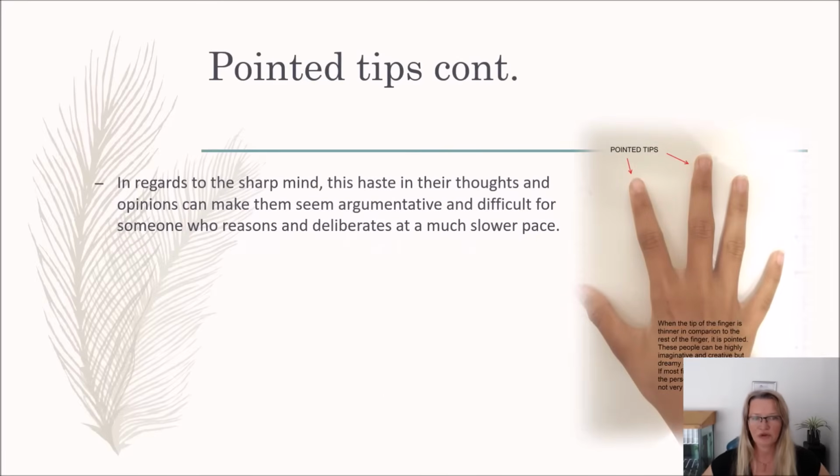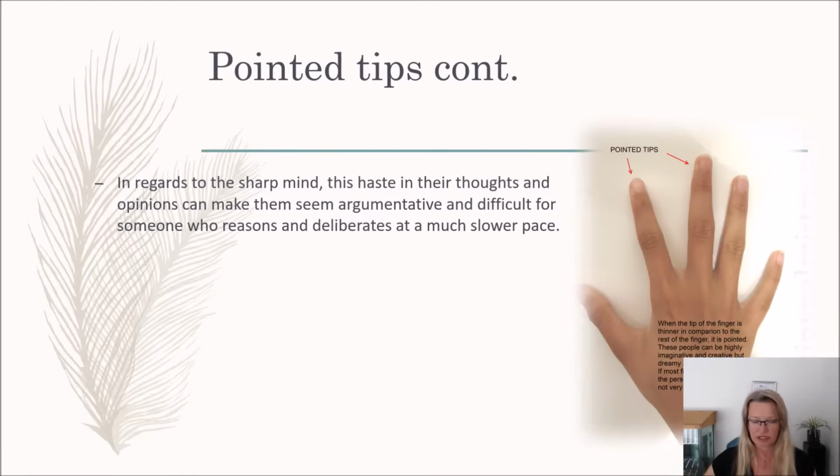Continuing more, in regards to them having that sharp mind, that haste in their thoughts and opinions can make them seem argumentative and difficult, especially when they are communicating with someone who deliberates at a much slower pace.